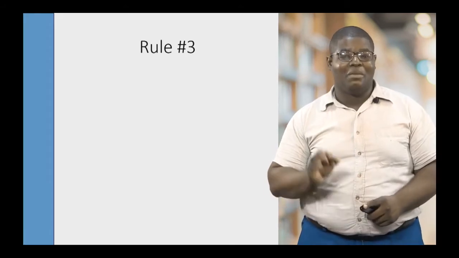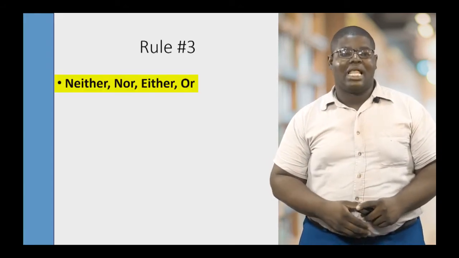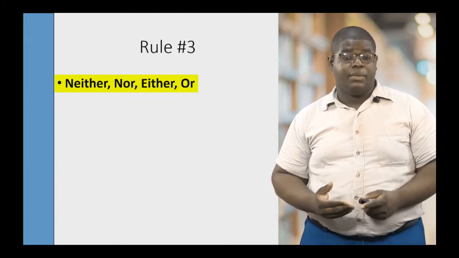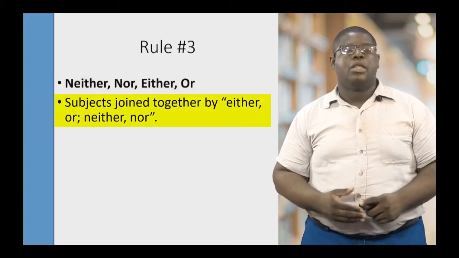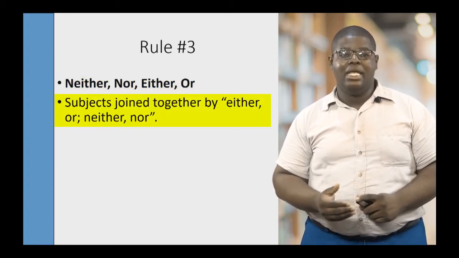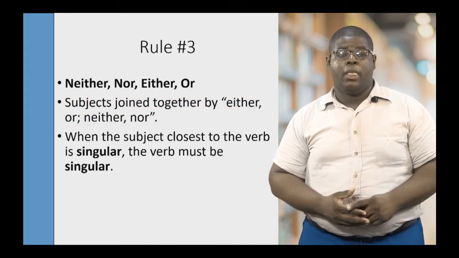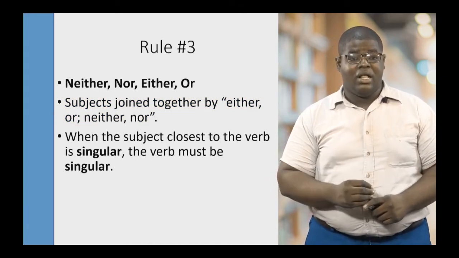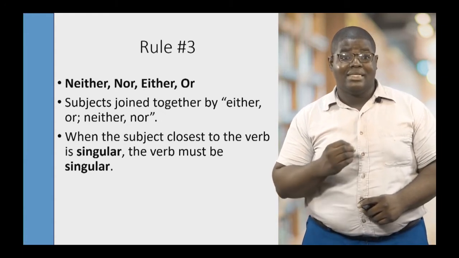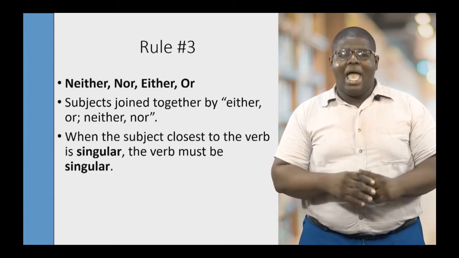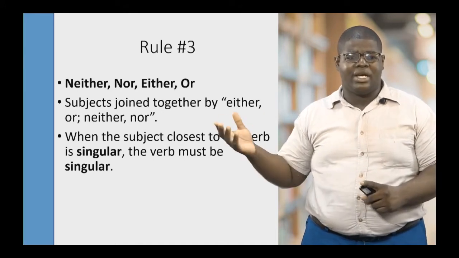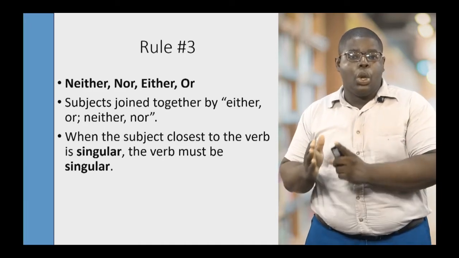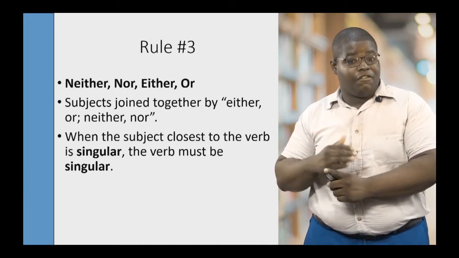Let's move on to rule number 3. So when we have words like neither, nor, either, or, what do we do with them? Now, subjects joined together by either, or, neither, nor: we look at the subject that is closest to the verb, and the verb follows.